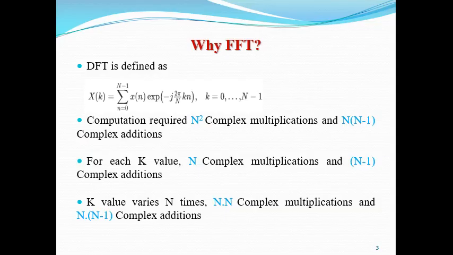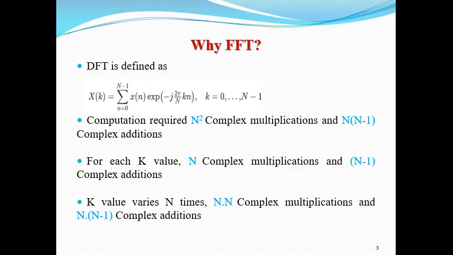In this mathematical representation, x of n is the given discrete time input sequence. By applying this DFT formula, we find the frequency component x of k for various values of k, which start from 0 up to n minus 1.